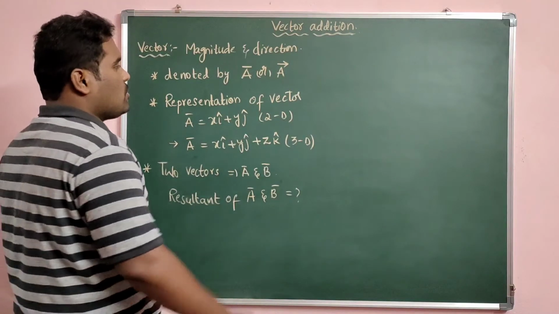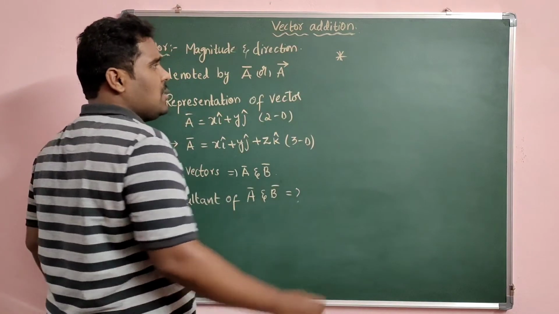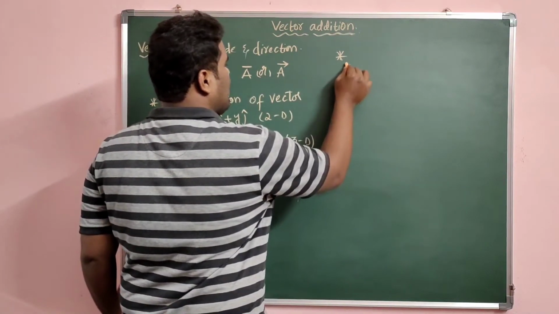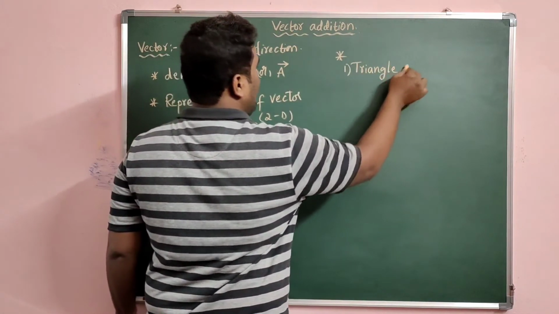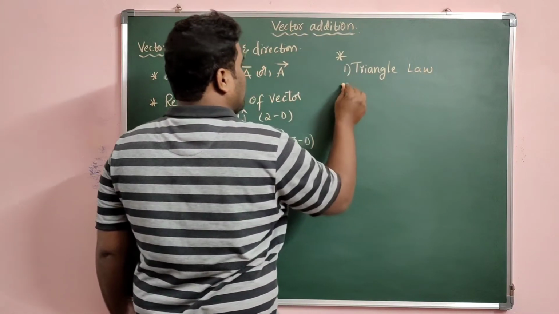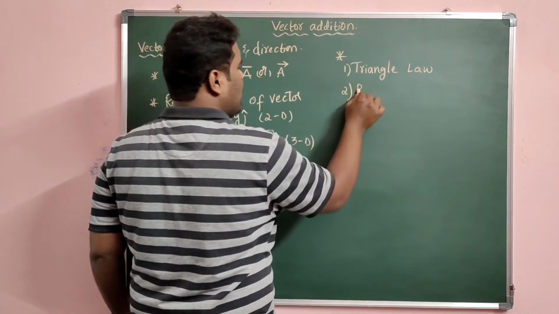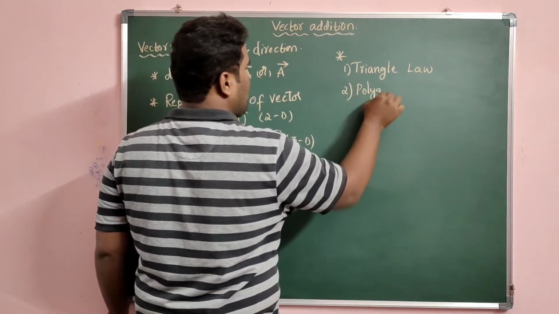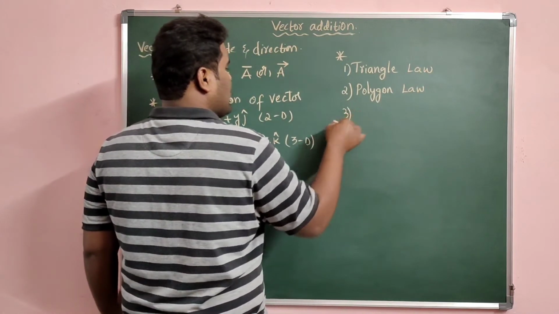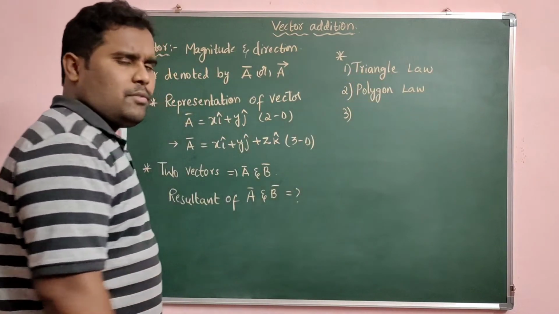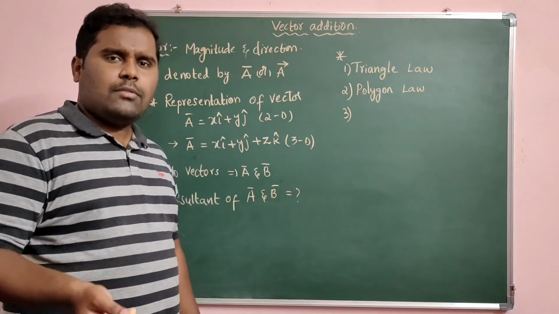To understand vector addition, there are mainly a few laws, and among them the first one is the triangle law of vector addition. A small extension to the triangle law is the polygon law of vector addition. The triangle law and polygon law can give only the direction of a resultant, but they don't give the magnitude.